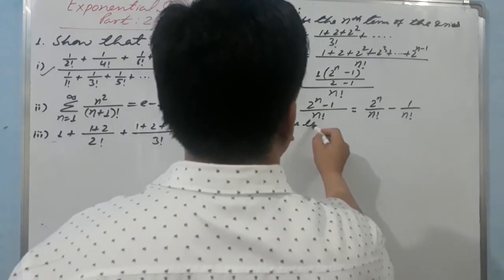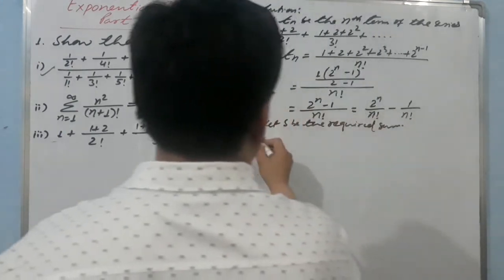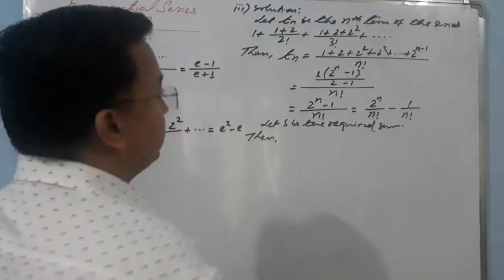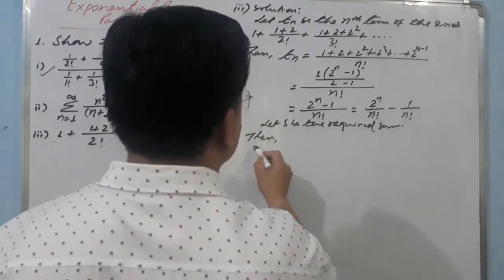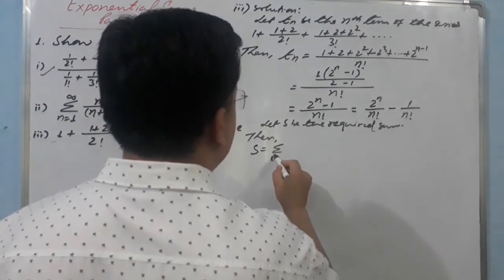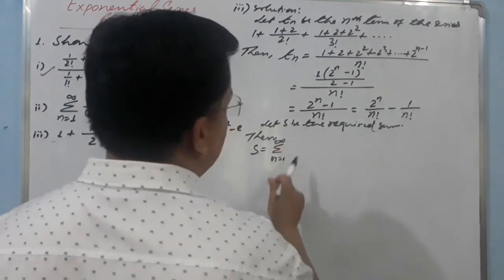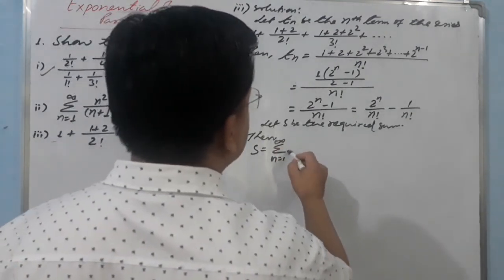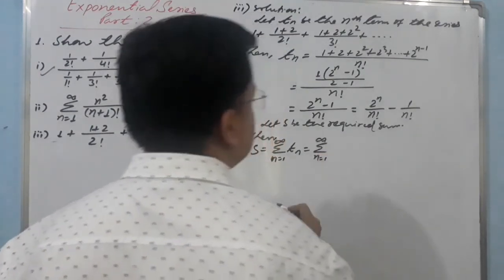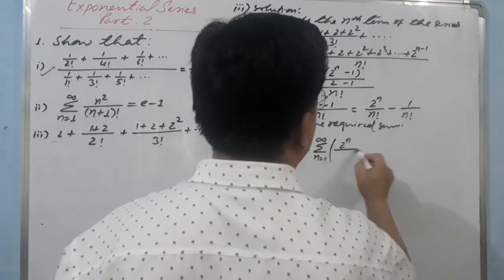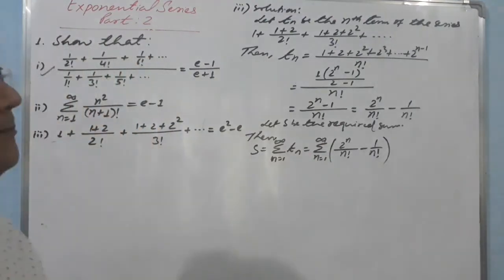Let S be the required sum. Then S is equal to the sum from n equals 1 to infinity of Tn, or the summation from 1 to infinity of 2 raised to power n over n factorial minus 1 upon n factorial.